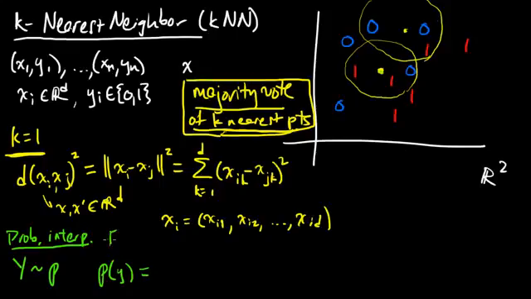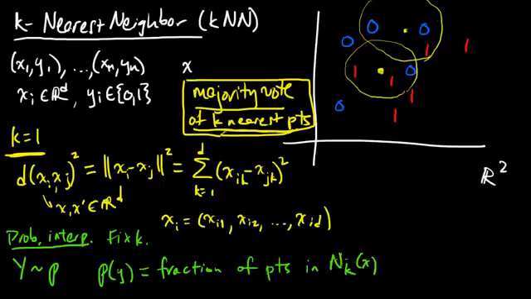So we fix our data, we fix some point, we fix k, and this is the fraction of points. Let me call N_k(x) these nearest points, these 3 nearest points in this case when k is 3.